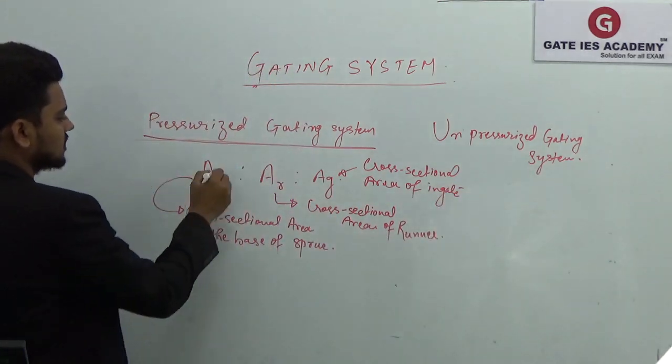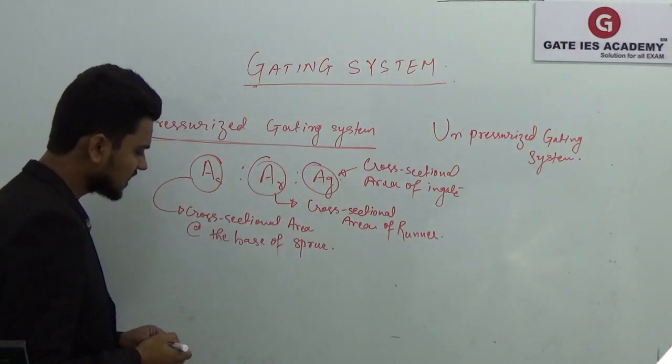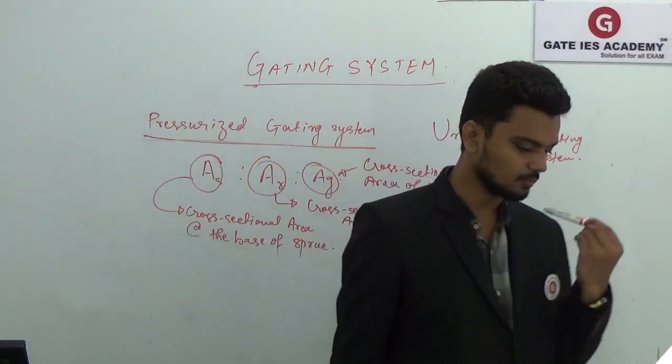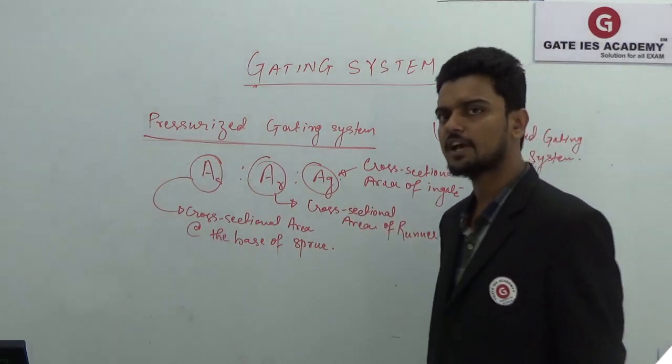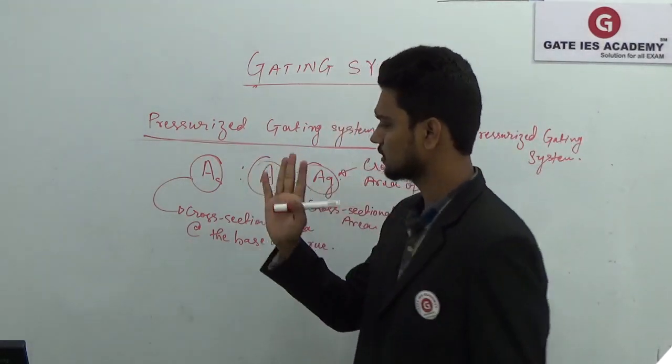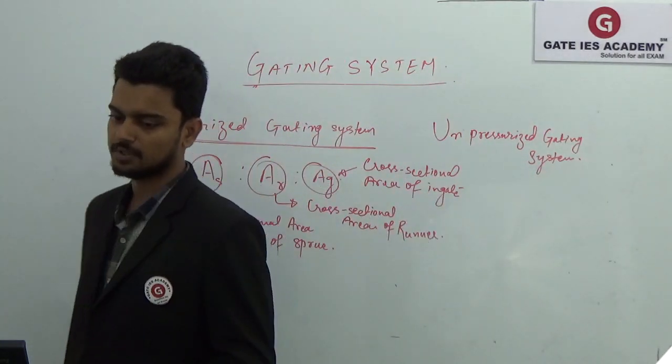We are talking about these three areas. This cross-sectional area decreases towards the mold cavity, which means AG will have the smallest cross-sectional area among these three. So this is what the pressurized gating system is.